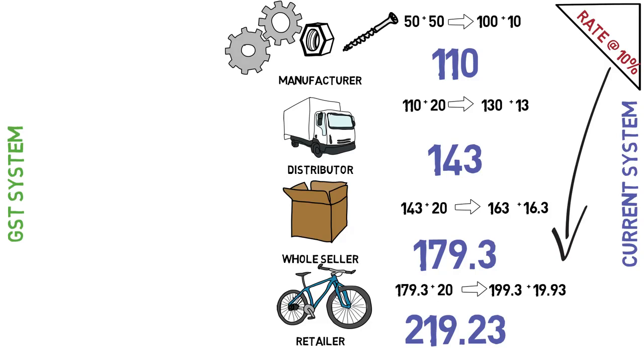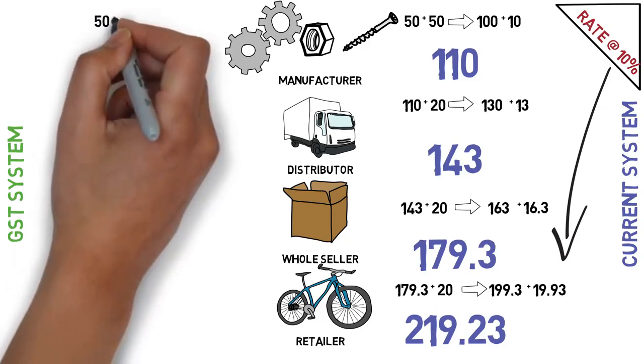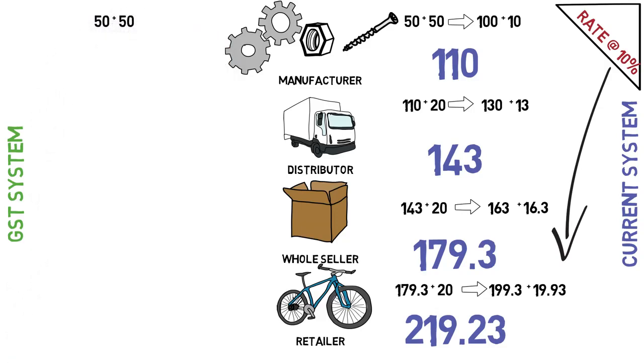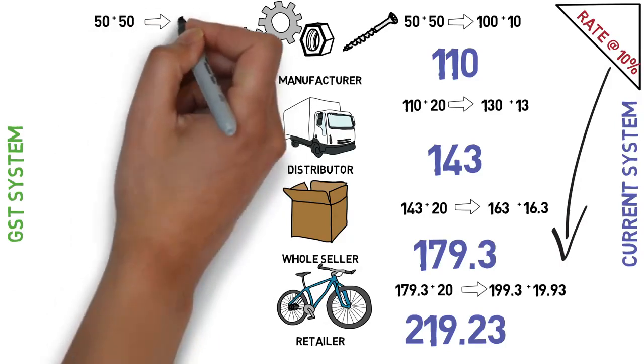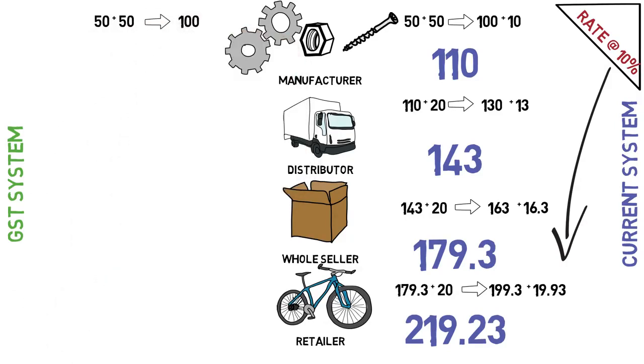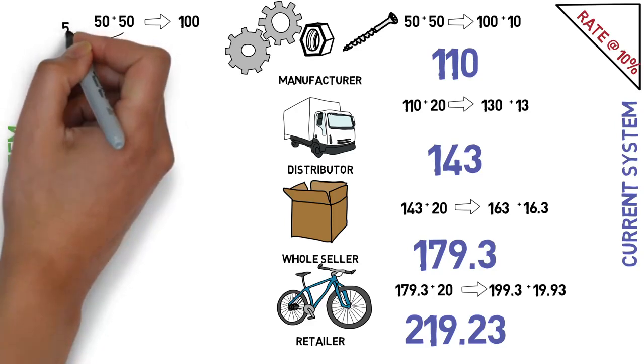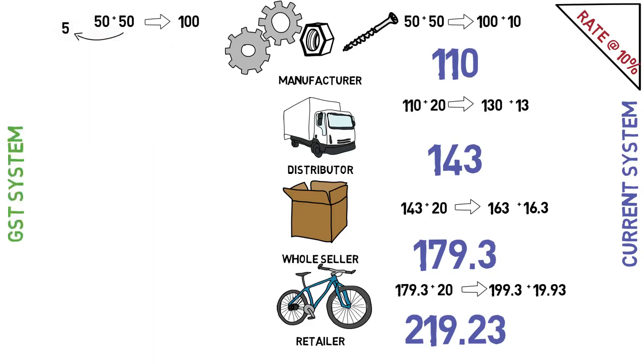Now we will take the same example in GST system. Raw material of 50 rupees and the manufacturing value of rupees 50 make the product of 100 rupees. But this time the manufacturer has to pay taxes on the value added by him, which is rupees 50. So he pays 10% of 50, which is 5, as tax from his profit.